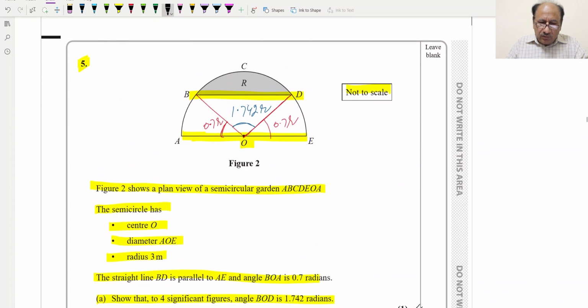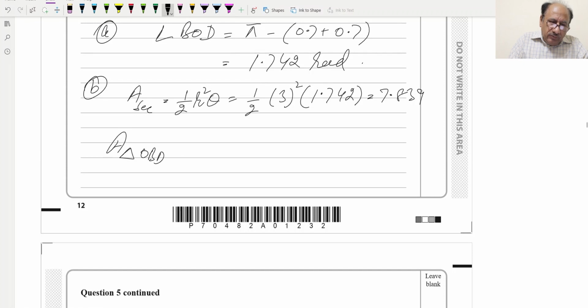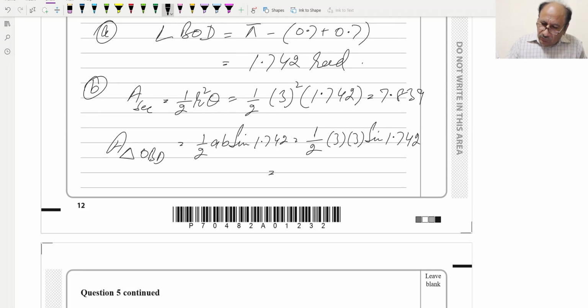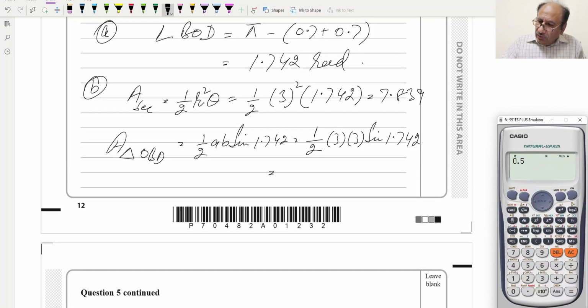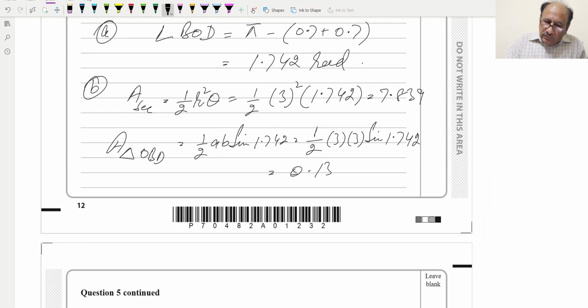The area of the triangle OBD, which will be equal to 1/2 AB sine C. The angle is 1.742, and the AB values are 3, so 1 by 2 into 3 into 3 sine of 1.742, which is 0.5 into 3 into 3 into sine of 1.742, and this results in 0.1367. So the shaded area is what is required.